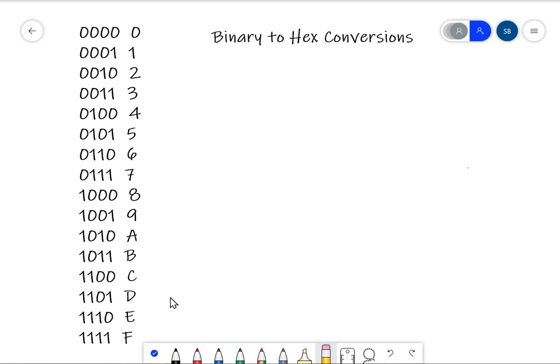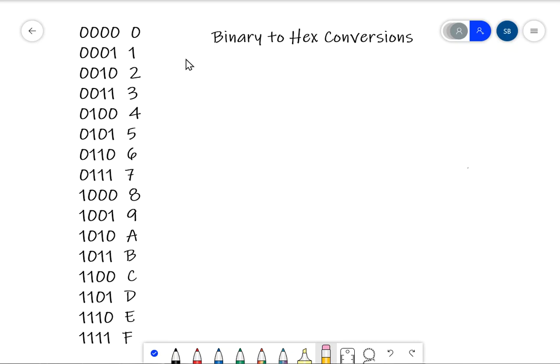I picked 4 because binary is a power of 2 and hexadecimal is a power of 16, and 2 to the 4 equals 16. So that means it takes 4 binary bits or positions to represent each different digit in hexadecimal.